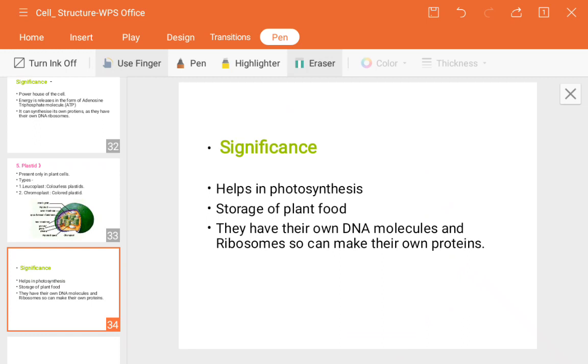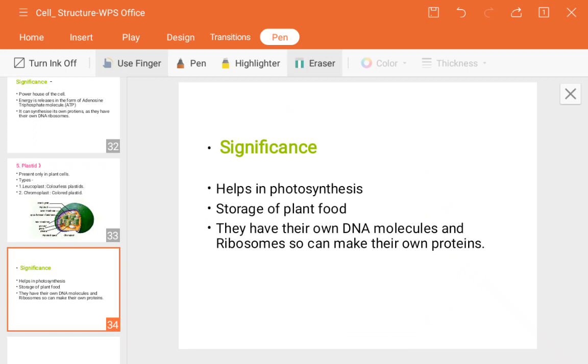Those pigments absorb the sunlight, and by taking carbon dioxide and water molecules they produce food material. It acts as the kitchen of the cell because it synthesizes food material within itself.